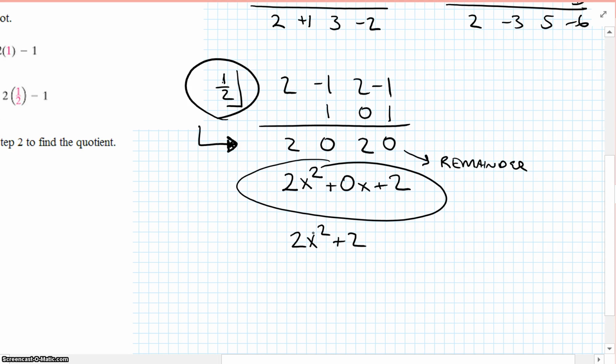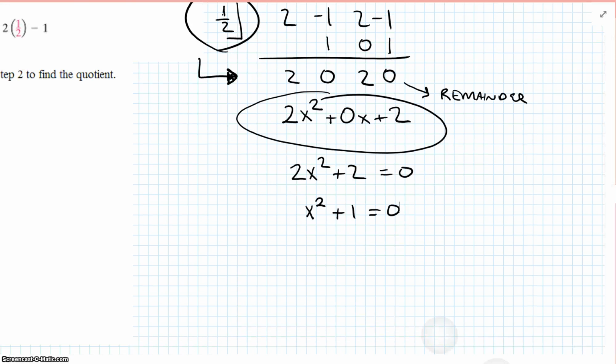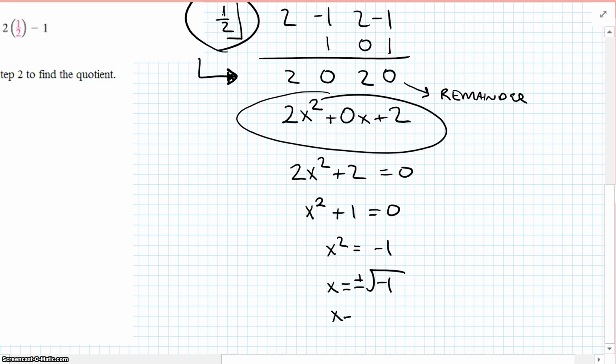So now we can factor 2x squared plus 2 and find the rest of the roots. So we can set this equal to 0. Step 1, always find the GCF, which is 2. So we can rewrite this as x squared plus 1 equals 0. So now x squared equals negative 1. So x equals plus or minus the square root of negative 1. So x equals plus or minus i.